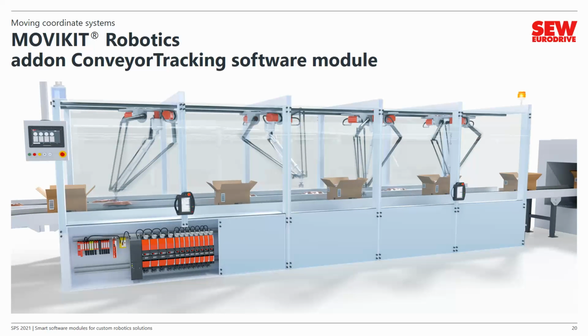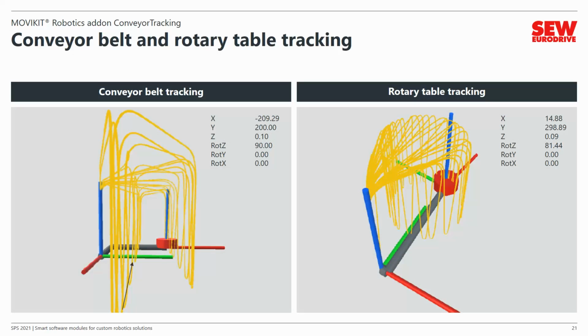Multiple robots on a conveyor belt can thereby sync up and pick or place parts or perform processing tasks on the workpieces that are passing by. The add-on is just as suitable for linear conveyor belt tracking as it is for rotary table tracking.